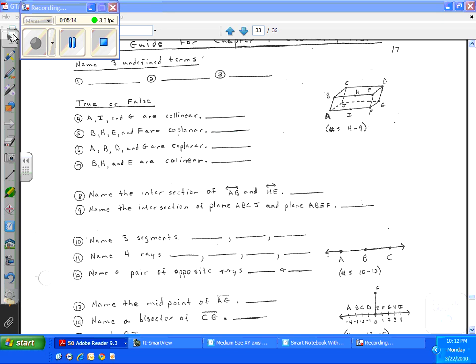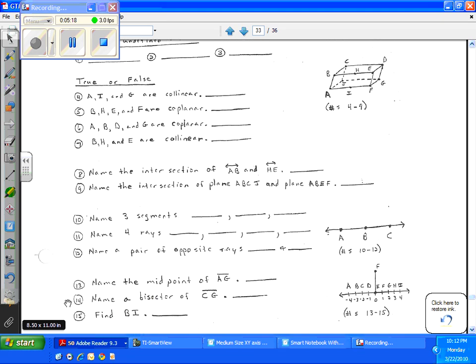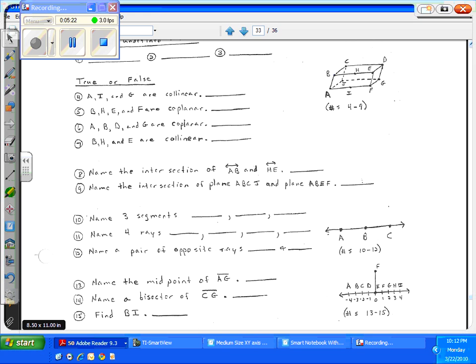Question number 8 says, name the intersection of line AB and line HE. And remember, I would have students that would say line AB, and they would draw it like this. And then they would say line HE, and they would draw it like that. And they would say, well, they don't even hit.